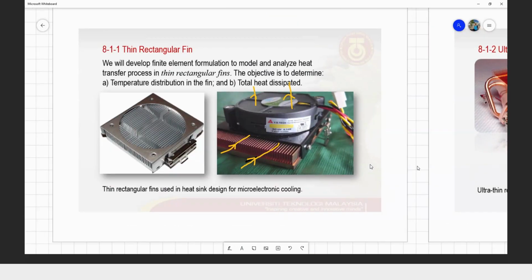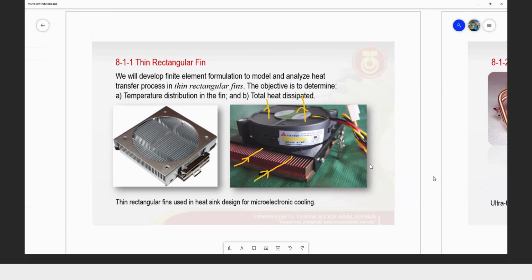Apa yang saya nak highlight dekat sini berkenaan dengan heat rate vector tadi, untuk fin, for any fin yang kita ada an array of fin, mungkin ada 30-40 fin dekat sini kan. All of them actually are exposed to the same H and T kan.